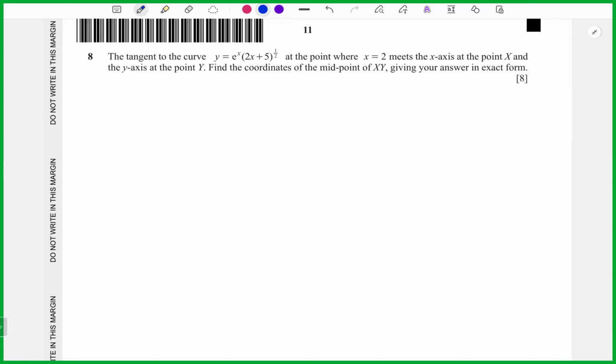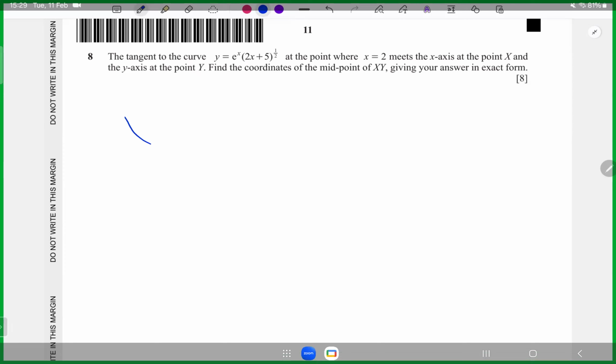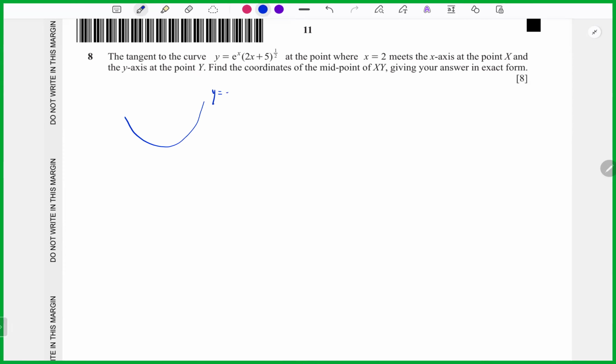Okay, maybe I'll try. Maybe this is your curve, y equals e^x times (2x plus 5) to the power 1 over 2, right? And then this is your tangent.